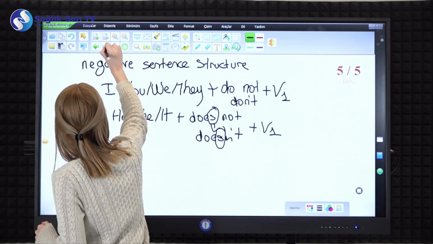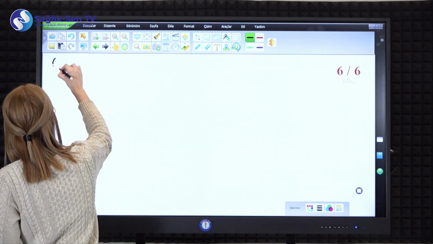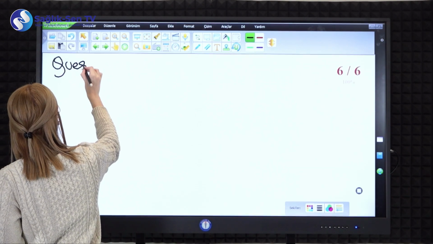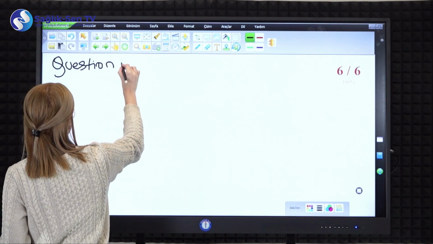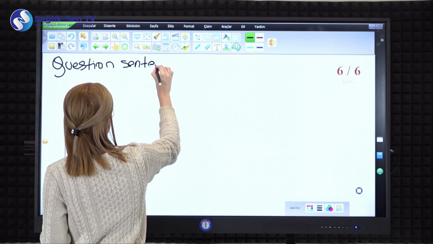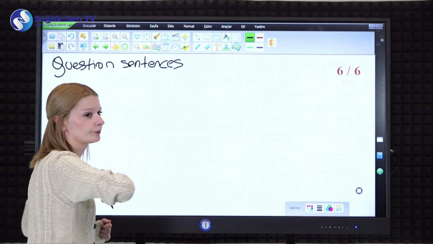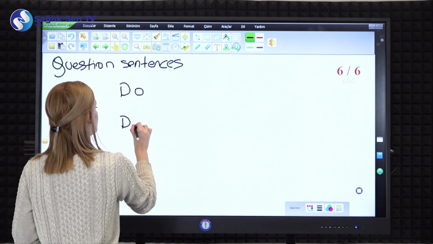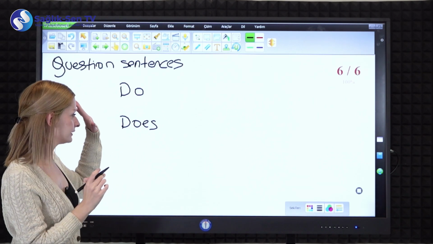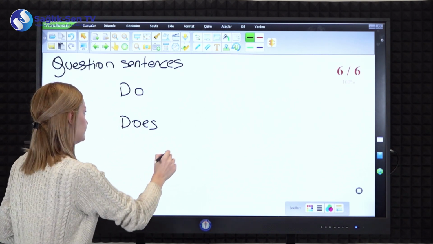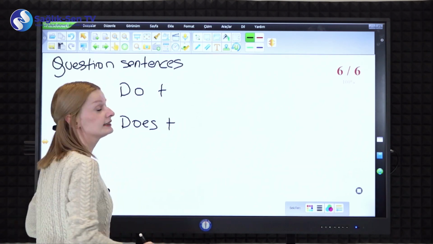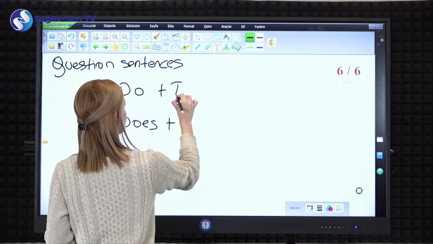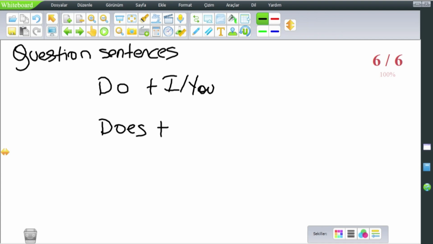And what about the question sentences? I take my do and does to the beginning of my sentence. Then my subjects do, I, you, we, and they.